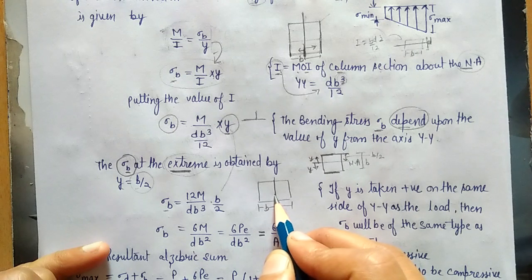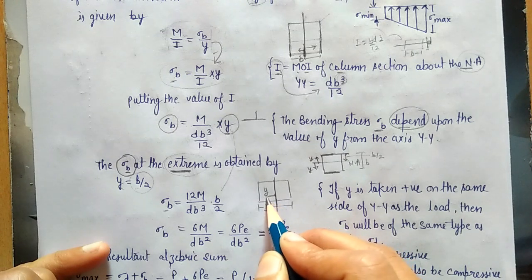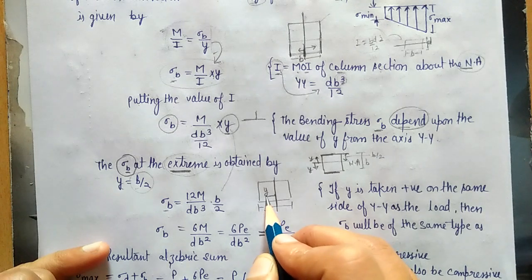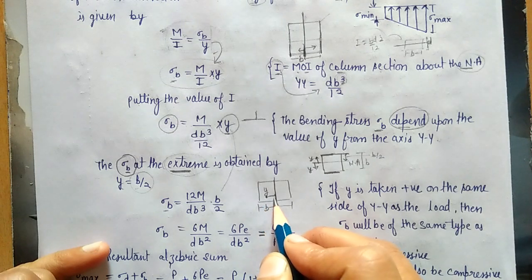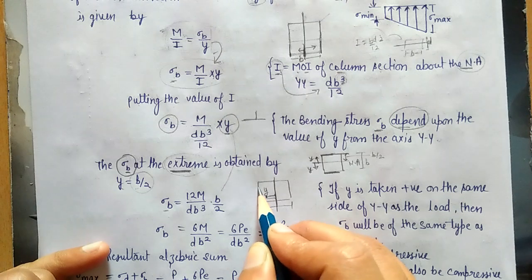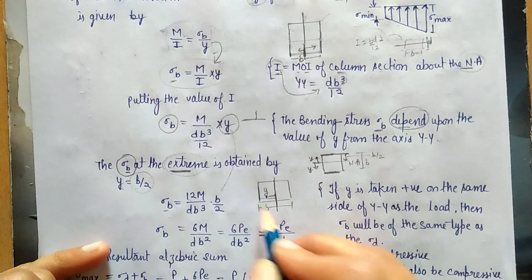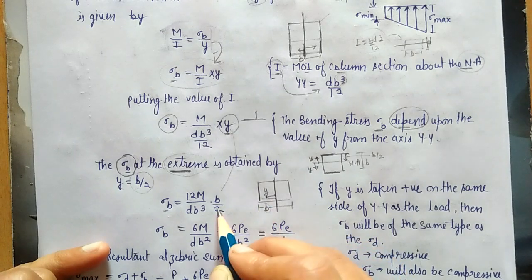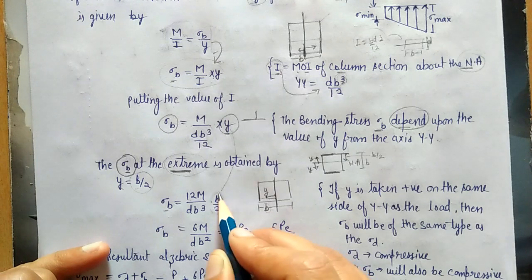Y is the distance from the neutral axis to the point where we want to find the bending stress. We want the bending stress at this extreme fiber, so the value of y here comes out b by 2. You got the point, that's why we wrote the value of y as b by 2.